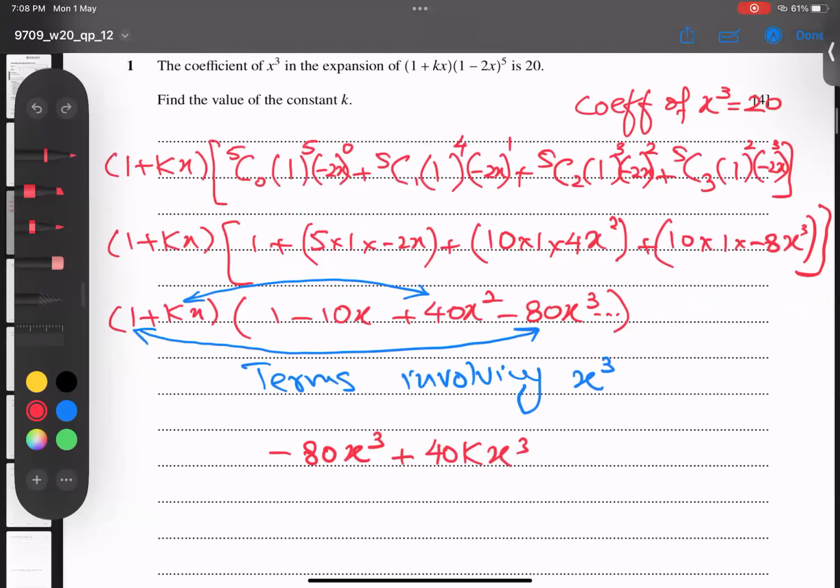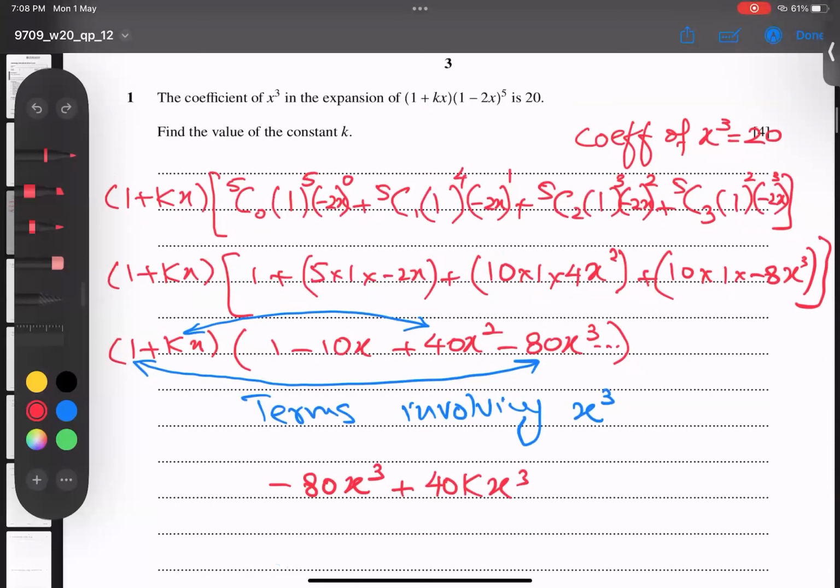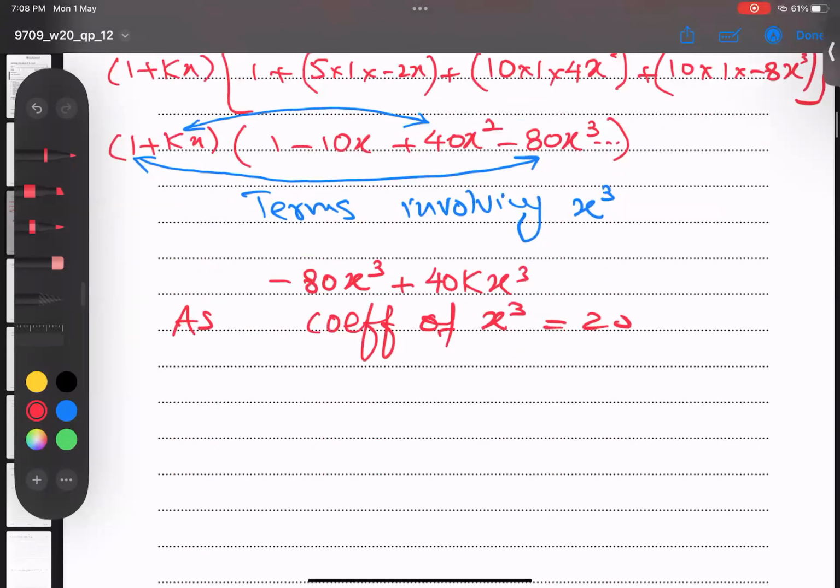I have done it step by step. According to the situation, as he mentioned, the coefficient of x to power 3 is equal to 20. So I will leave x cubes and take the coefficients and put equal to 20. So let's start. Negative 80 comes from here, plus 40k comes from here, equals 20.